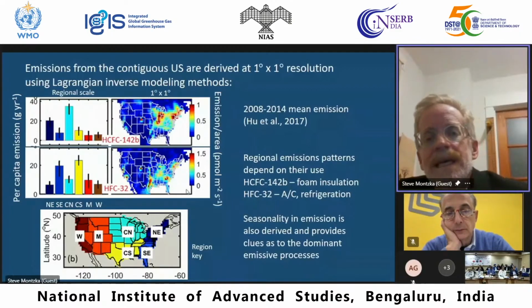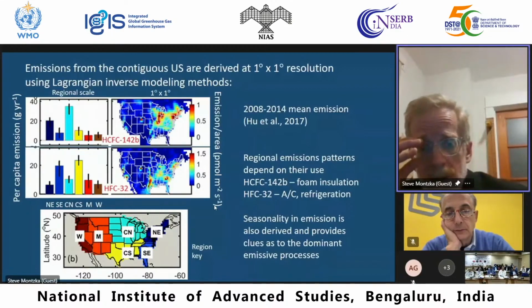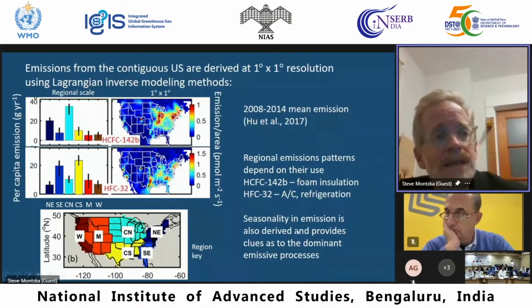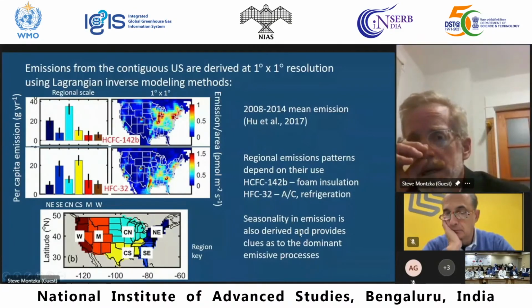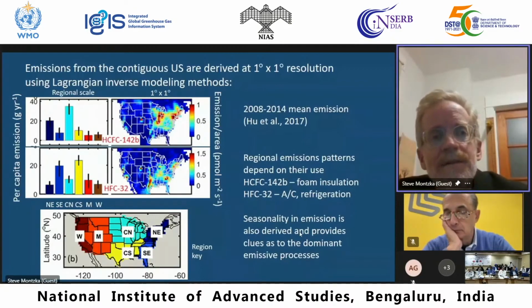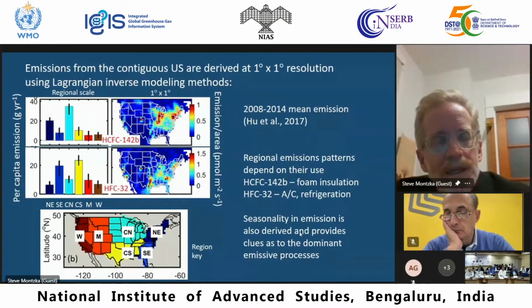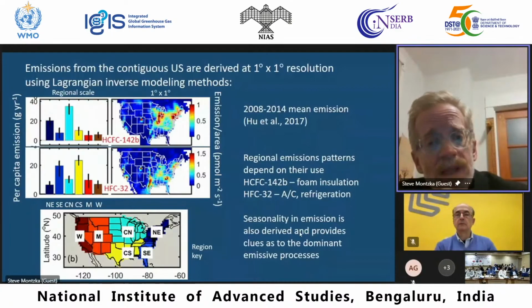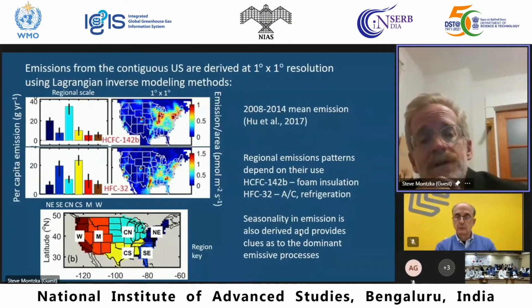So this information we bring together as global totals or regional totals, or we can also derive seasonal variability. And as Phil mentioned, in this example for SF6, all of that information is very useful as a starting point for discussions with inventory folks to understand whether there are limitations in the atmospheric emissions, where they're being made, the process by which we're making them, or whether there are limitations and uncertainties in the bottom-up inventory analysis.